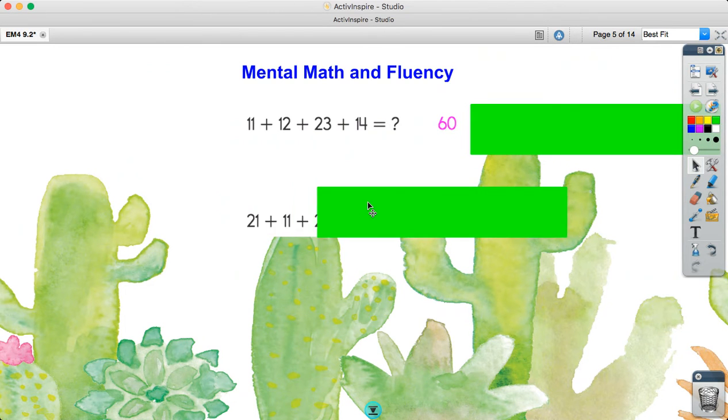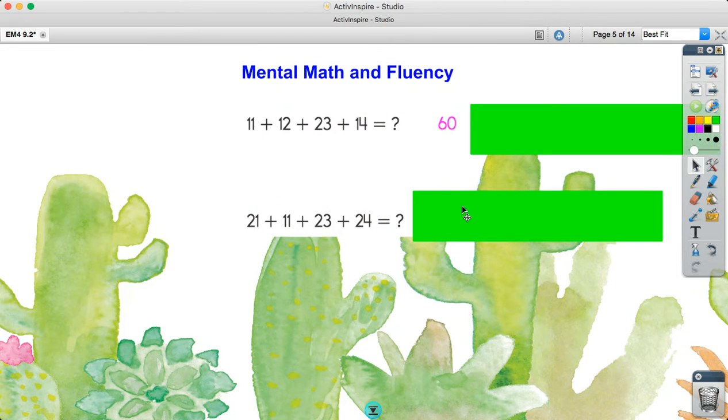Let's try the last one. 21 plus 11 plus 23 plus 24 equals. The answer is 79.